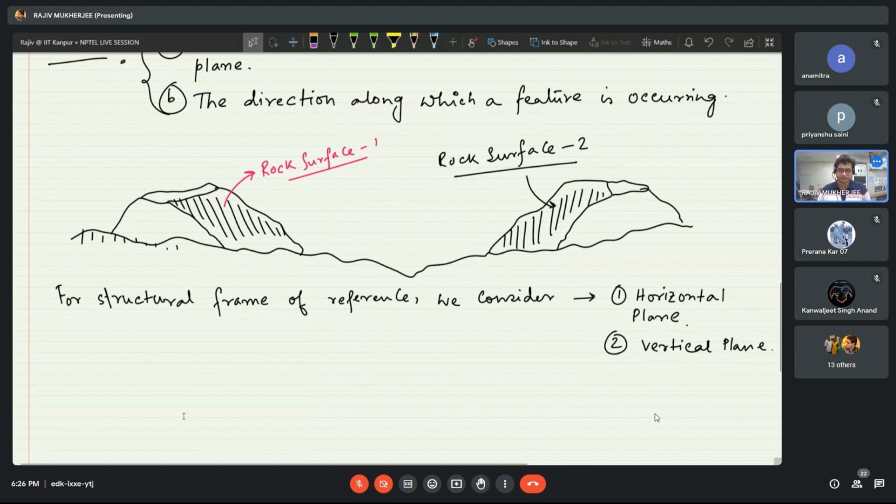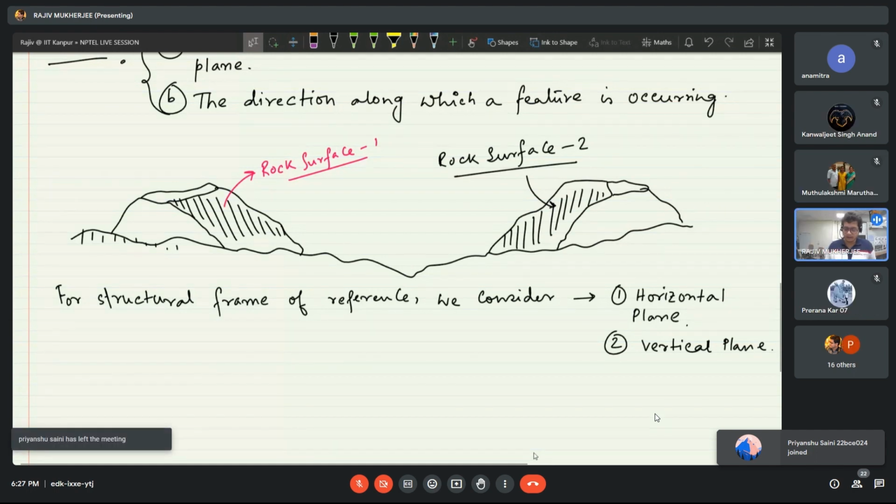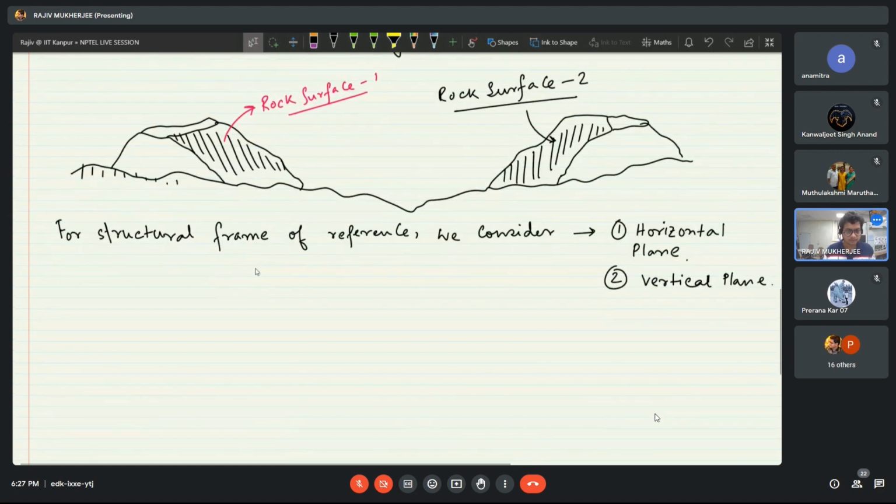Now to measure the strike, we of course need a horizontal plane. We require a horizontal plane.